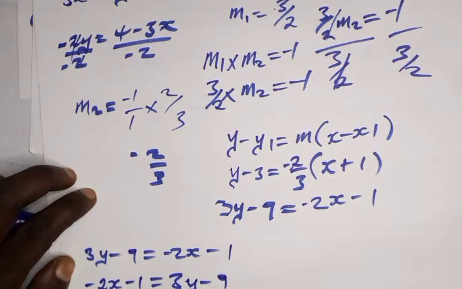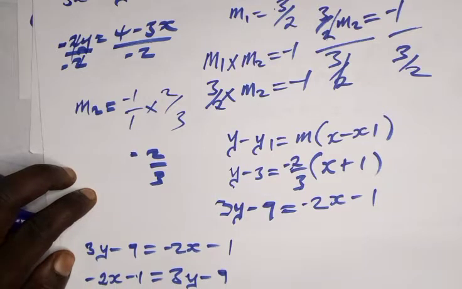Then minus 2x minus, which is minus y minus 3y. When 3 across the equal sign, it will be minus 3y, which is equals to minus 9, and negative 1. When across the equal sign, it will be positive 1. So minus 2x minus 3y equals minus 7.